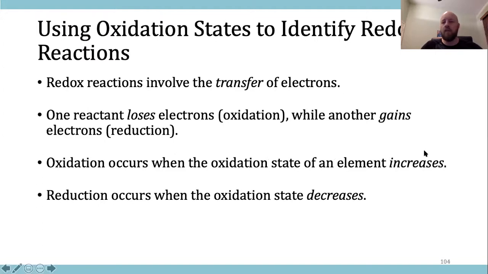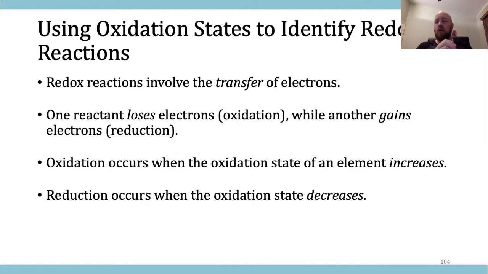Here, I'll write them down. LEO says GER: loss of electrons is oxidation, gain of electrons is reduction.